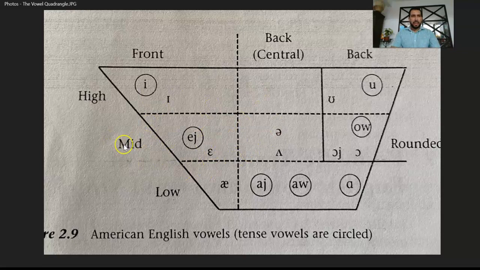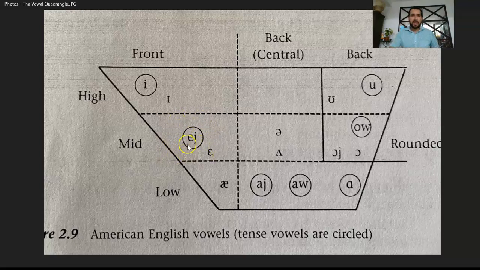The chart I have here is also called a vowel quadrangle, or sometimes a vowel trapezoid. What I have here is a representation of all English vowels. You may see that some of the symbols are quite different from the ones we have been using, because in my class I've sometimes used more simplified versions of sounds.